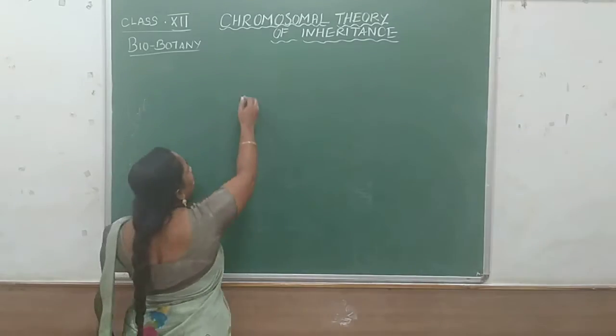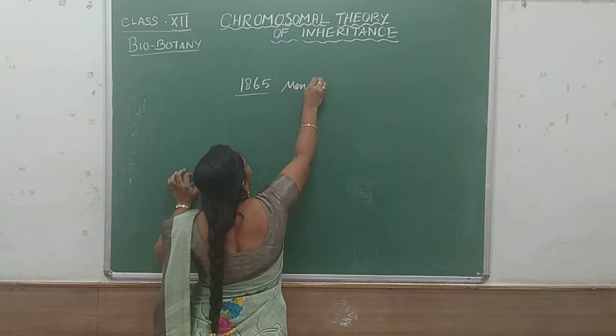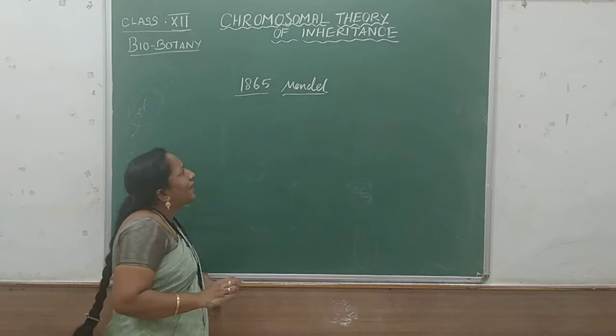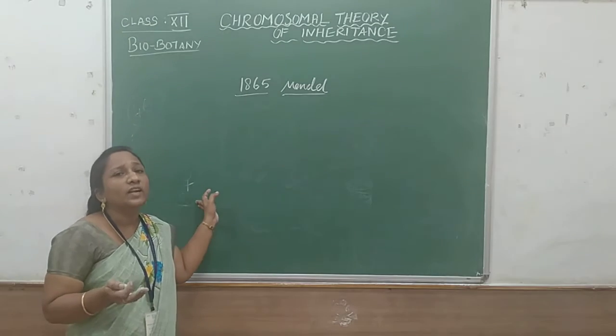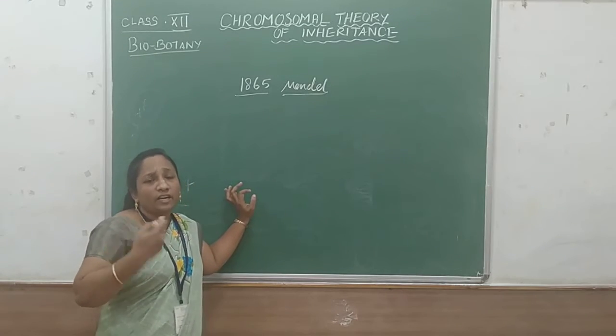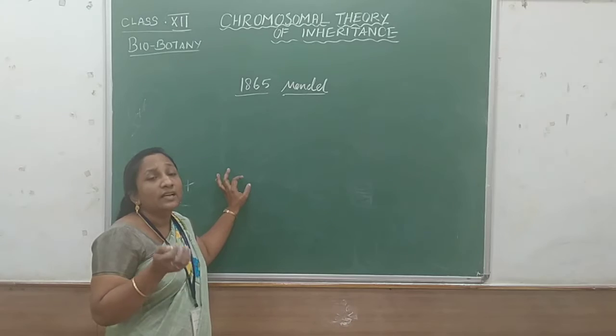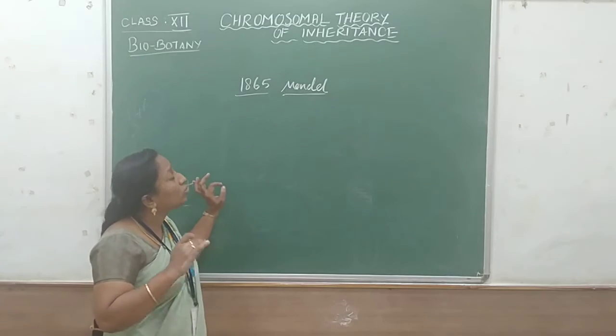In 1865, Mendel released his work. What did he do? He researched the pea plant and reported its results. He told about the genetic factor.